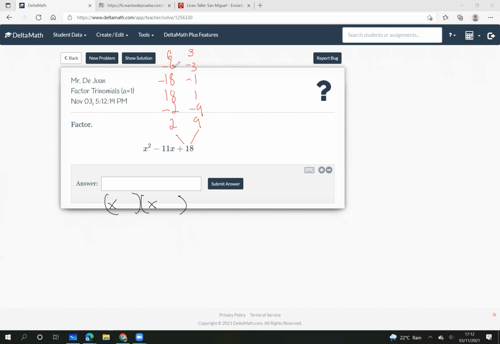What is it that I'm looking for? Step 2, la combinación que nos da qué número? Negative 11. So 6 plus 3 is 9, can't be that. Negative 6 plus negative 3 is negative 9, can't be that. Negative 18 and negative 1 can't be that. 18 plus 1 is 19, can't be that. Negative 2 plus negative 9 is negative 11.